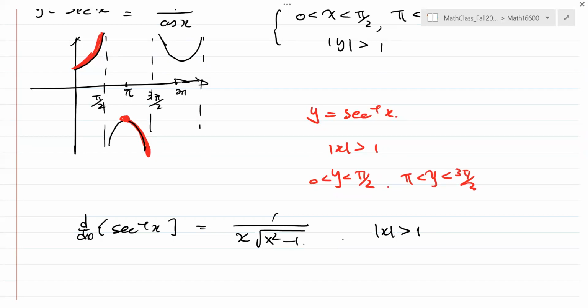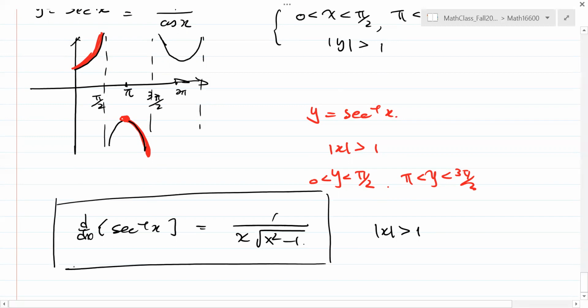So we don't have much to say, but all you need to know is this formula: the derivative of the inverse of secant x is going to be 1 over x times the square root of x squared minus 1, and it's defined for absolute x greater than 1.